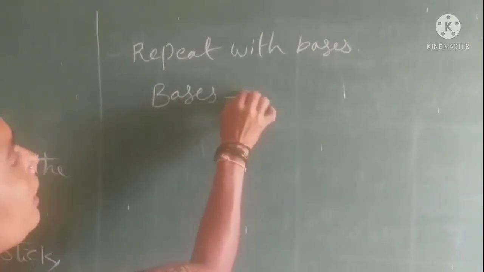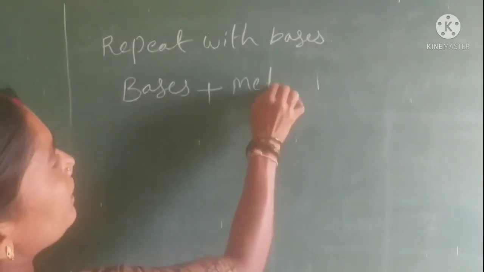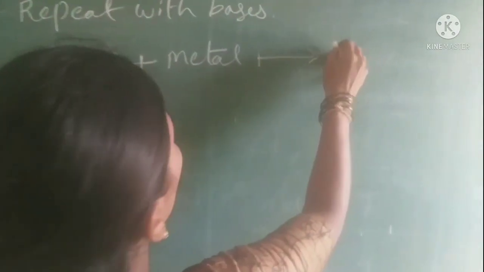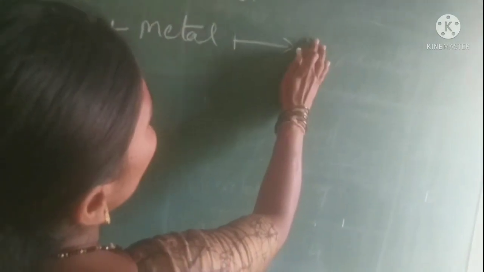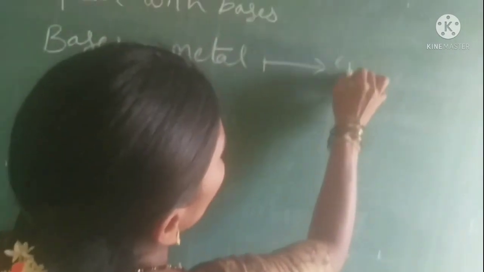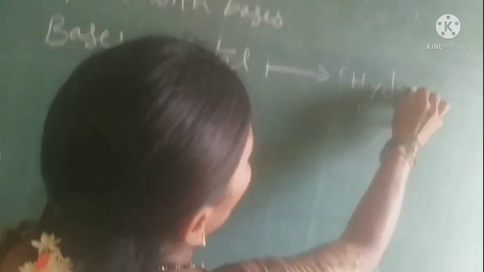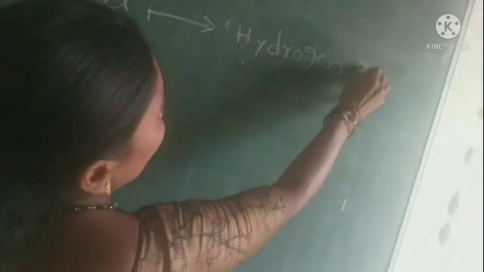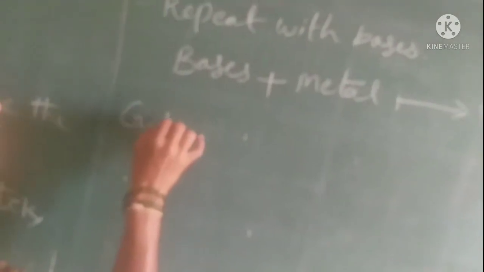Bases react with metal and give hydrogen gas. That is the general formula.